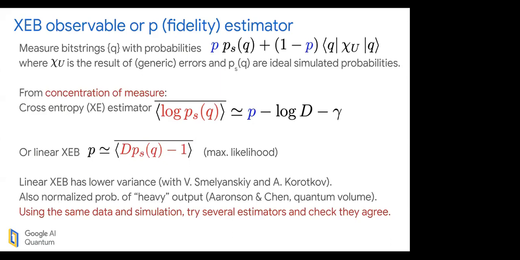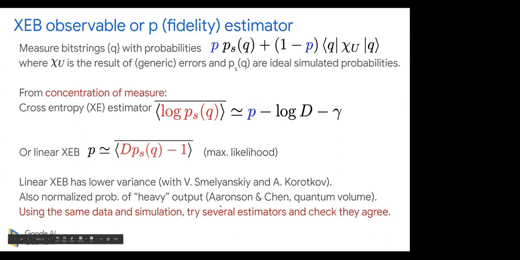So in essence, it has lower variance as an estimator of fidelity, so that's what we tend to use in the experiment. But you could do other things like the probability of heavy output that Scott introduced kind of around the same time and is used in quantum volume.